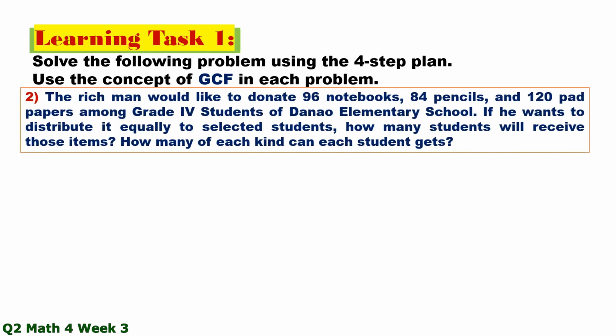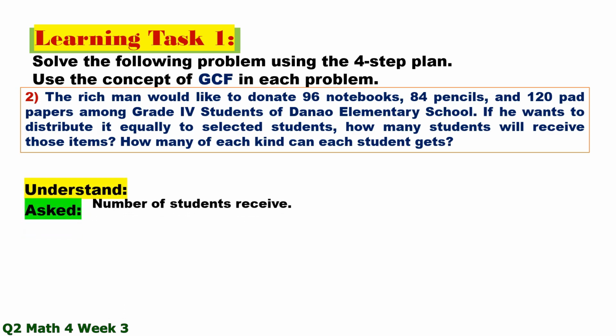Number 2. One would like to make 96 notebooks, 84 pencils, and 125 papers for grade 4 students of Danao Elementary School. If he wants to distribute them equally to selected students, how many students will receive those items? How many of each kind can each student get? What is asked?